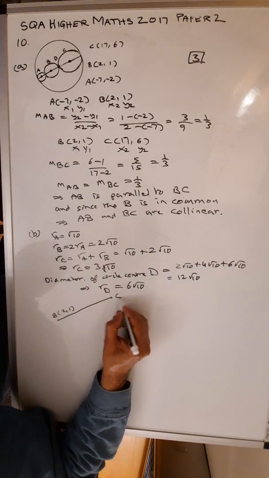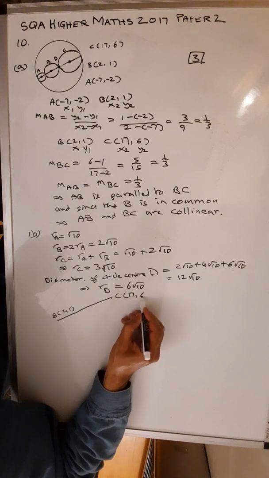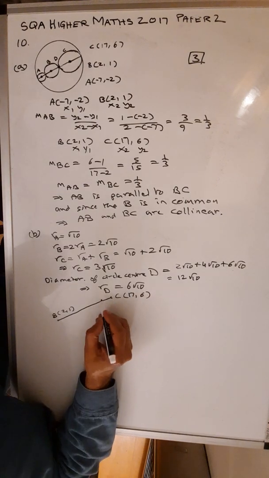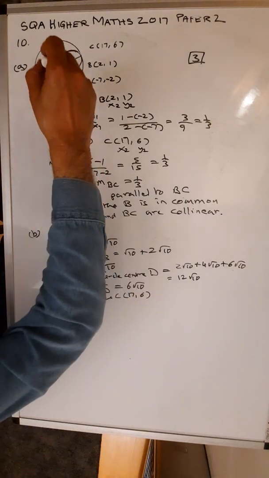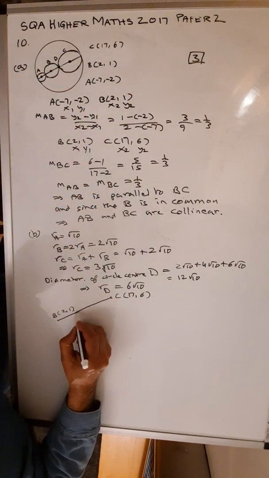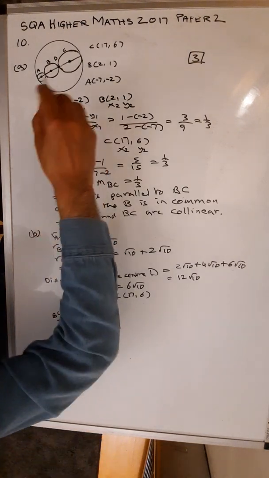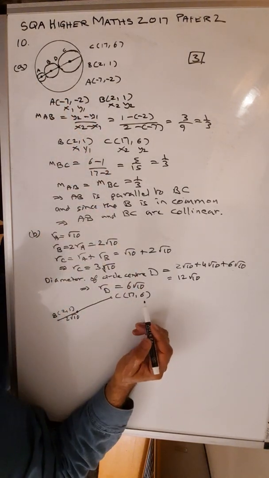C has coordinates (17, 6). This is 2 root 10, the radius of B is 2 root 10.